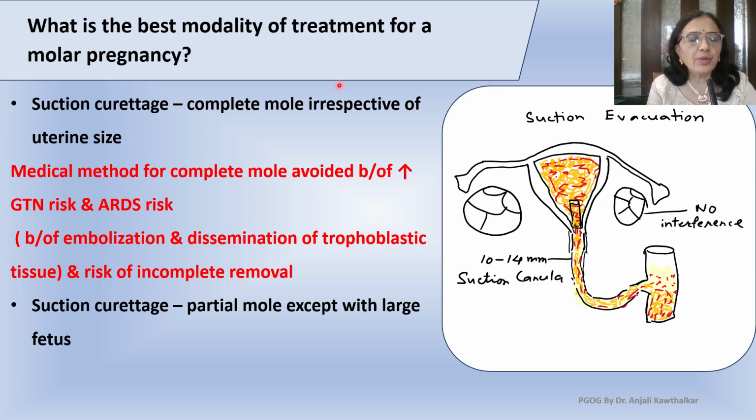What is the best modality of treatment for a molar pregnancy? Suction curettage is the best modality of treatment in complete mole, irrespective of uterine size. I have myself done a suction evacuation of a complete mole when the size of the uterus was 32 weeks. Especially in developing countries, we get cases with late detection, with the patient coming for antenatal checkup itself in late pregnancy, late second trimester, and by that time there is excessive enlargement of the uterus and excessive production of HCG with early onset preeclampsia.